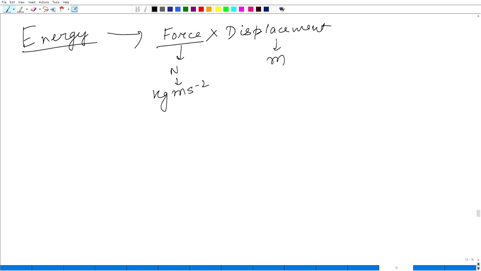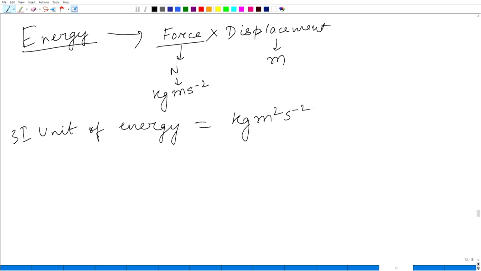So, the SI unit of energy will be kg meter square per second square, which is known as joule and written by capital J. Okay. So, this is how we can derive different other units for other quantities based on these 7 base units.